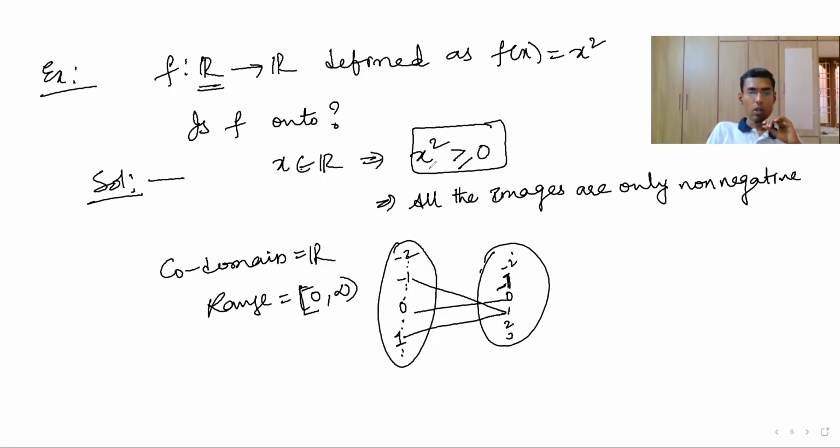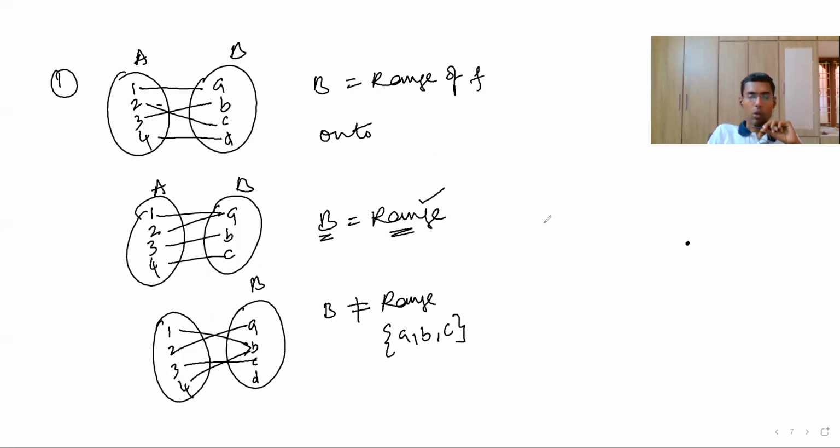So all the negative numbers are not covered, and that's why the negative numbers don't have a pre-image. Very simple, right?